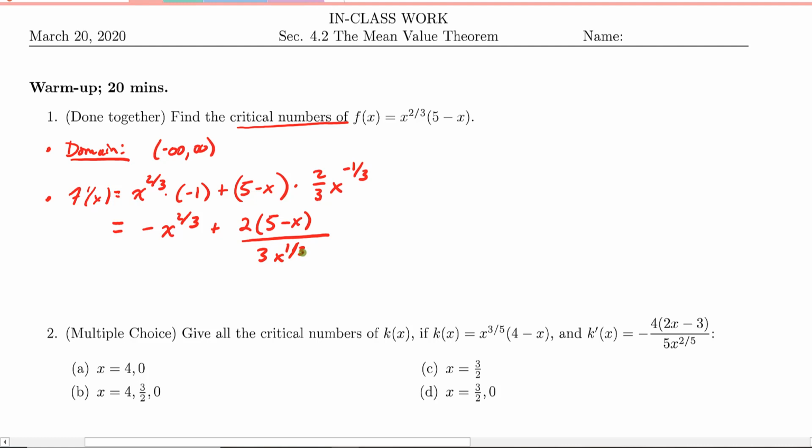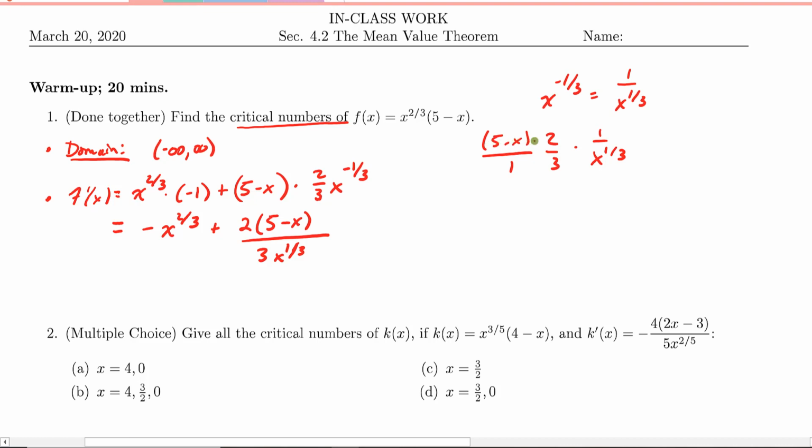Let's double check that that makes sense to you. Remember, I can rewrite this expression, x to the -1/3, as 1 over x to the 1/3. Okay? And so then I would have 2/3 times 1 over x to the 1/3, and all times this factor here, which I could think of as 5 minus x over 1.